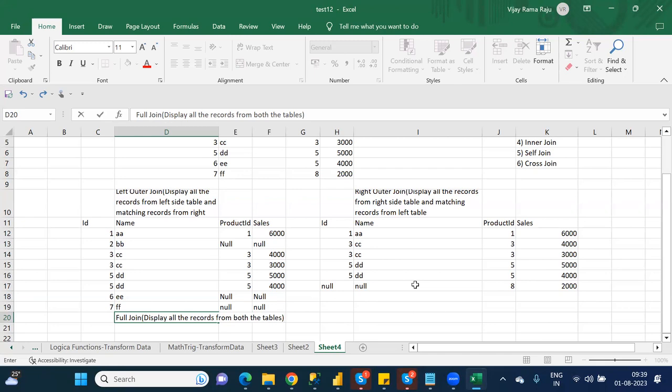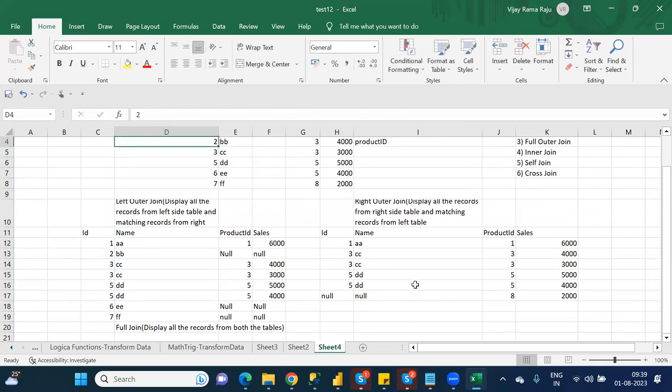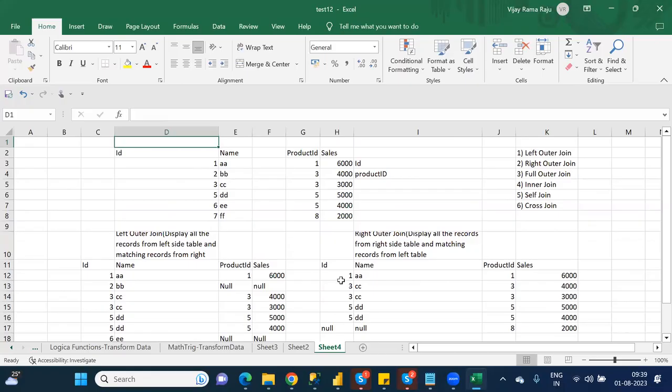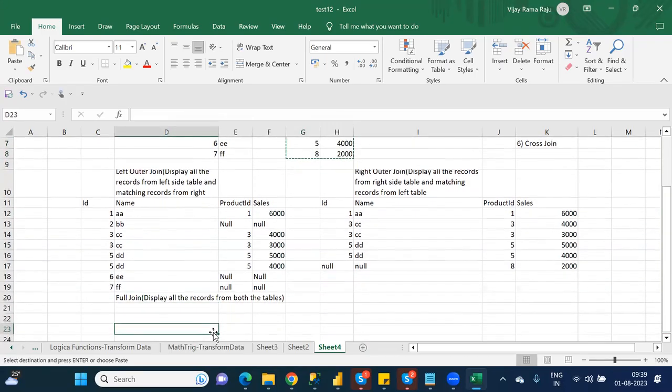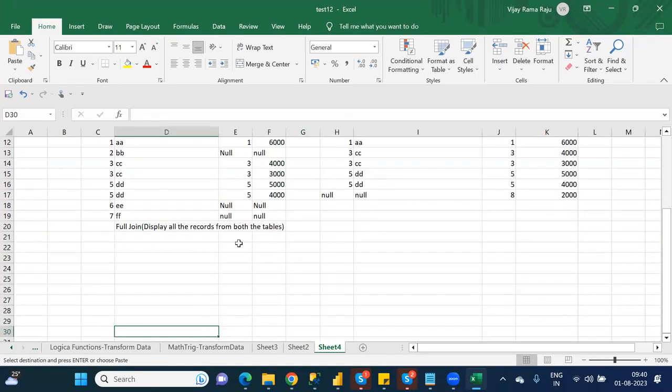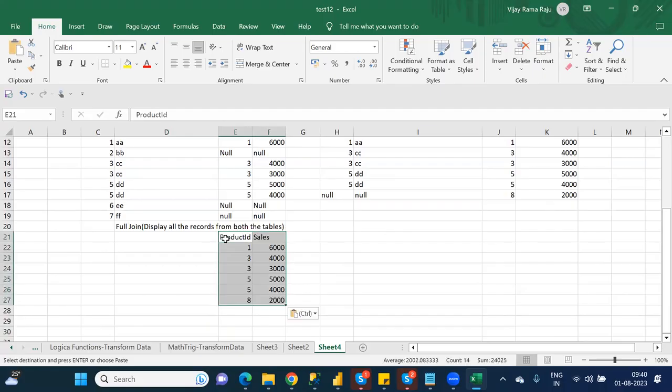Okay. So first of all, you can design any of the tables. Suppose I want to design this particular one, the right table. See here. Understand or not?